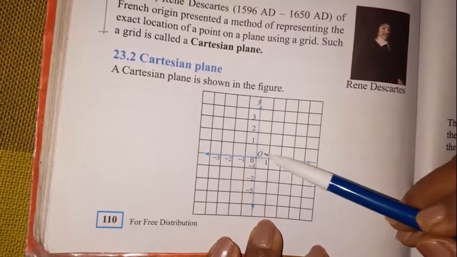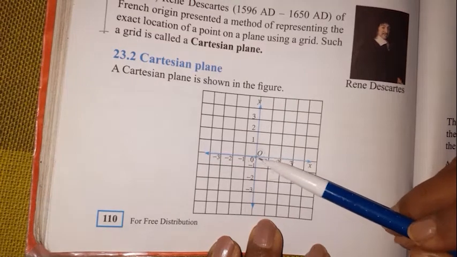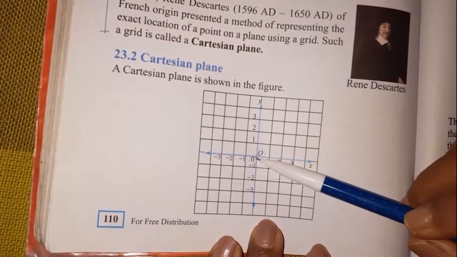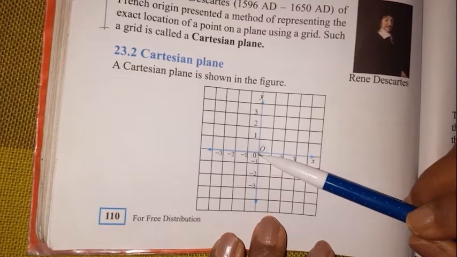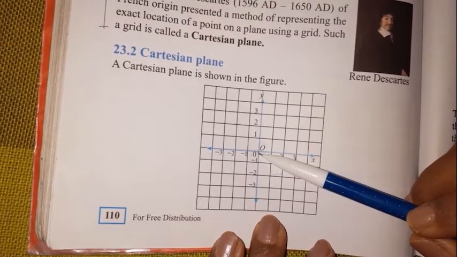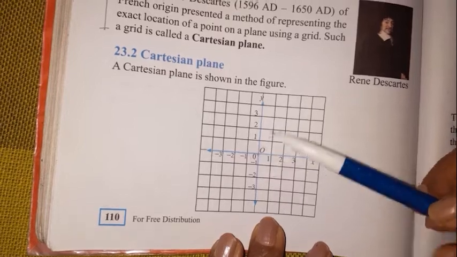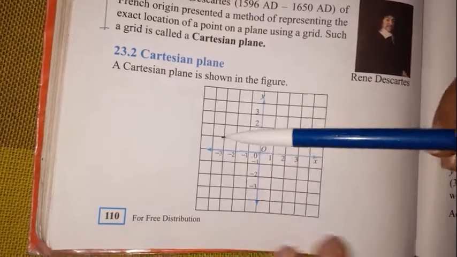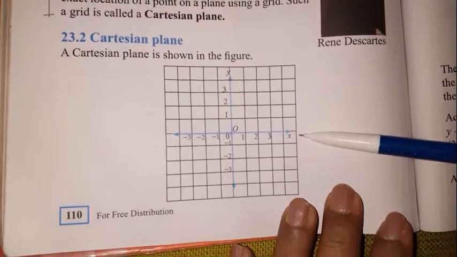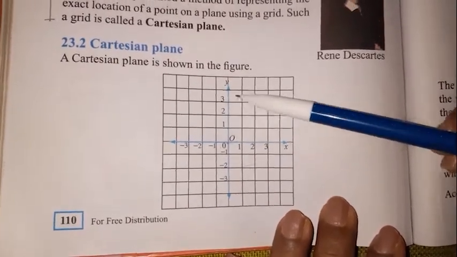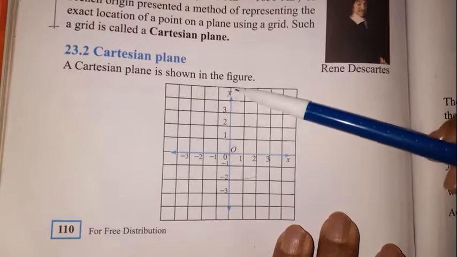What do you call this? Origin. As indicated in the figure, one number line is called the x-axis and the other number line is called the y-axis. Here, x-axis, can you see? One number line, x-axis, the other number line, y-axis.